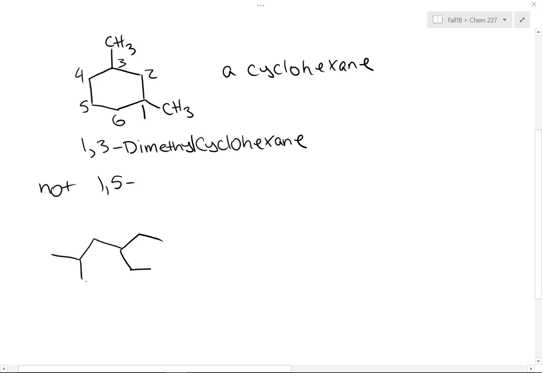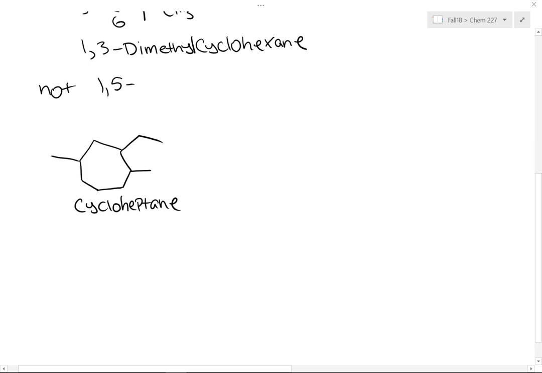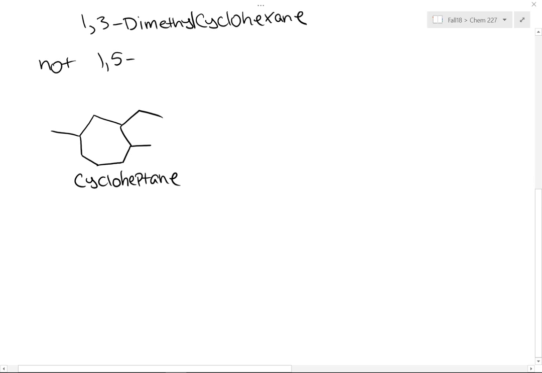So we're going to name this as a cycloheptane. And it's going to be a cycloheptane that has a methyl, and an ethyl.